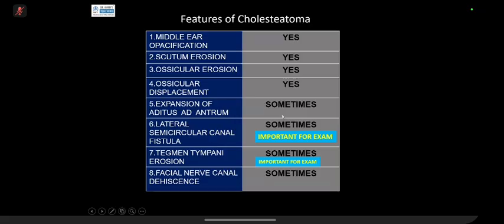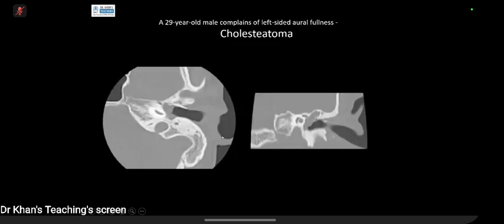Expansion of aditus ad antrum can happen. Lateral semicircular canal fistula is extremely important for the exam. These patients will be very symptomatic because they will be dizzy, etc. Tegmen tympani erosion is important. Facial nerve dehiscence will be there. In our case, which I have shown you, there is facial nerve dehiscence and there is lateral semicircular canal fistula.